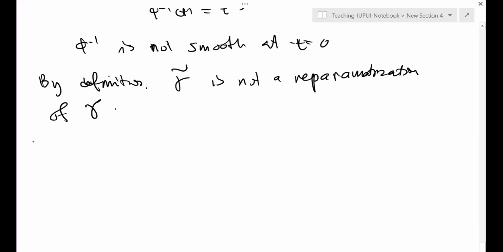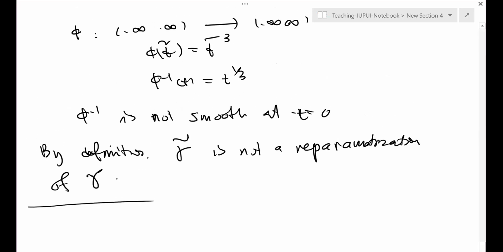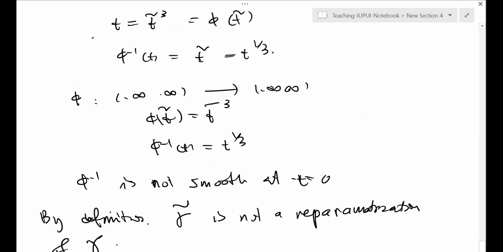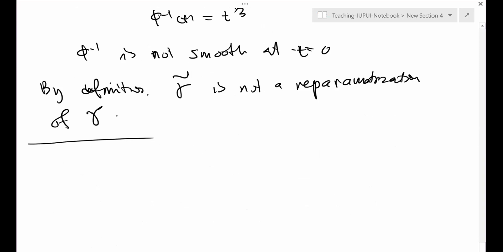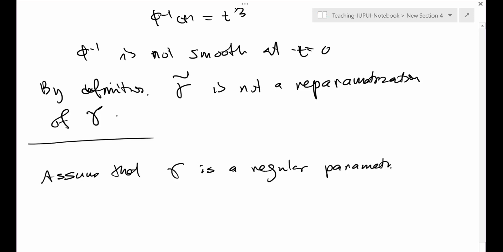So we can find a new parametrization. If I want to find a reparametrization of gamma, all you need to do is just find the function. Now we assume that gamma is a regular parameterized curve.